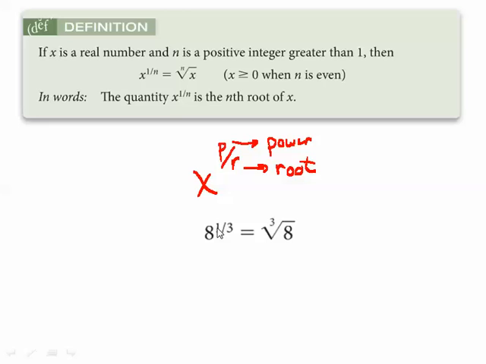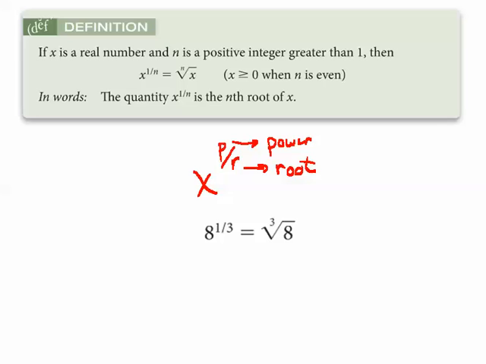So if it's 8 to the exponent of 1/3, technically it's the cube root of 8, which is 2. Okay, we good?